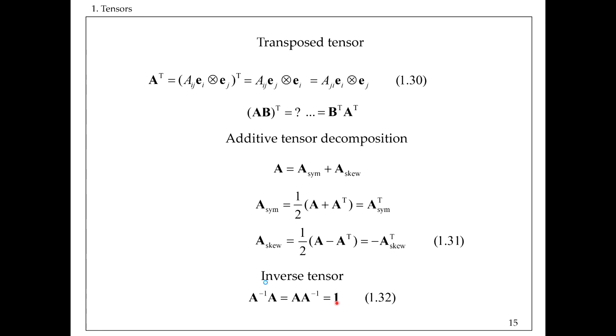This is a definition, and it is also always a check for us that the inverse tensor we calculated is indeed the inverse of our initial tensor. The check is to take that tensor, multiply it with A, and see if you obtain the identity tensor.